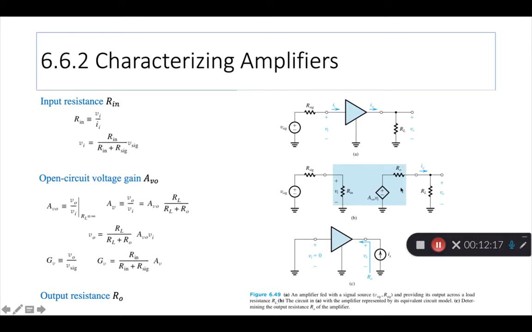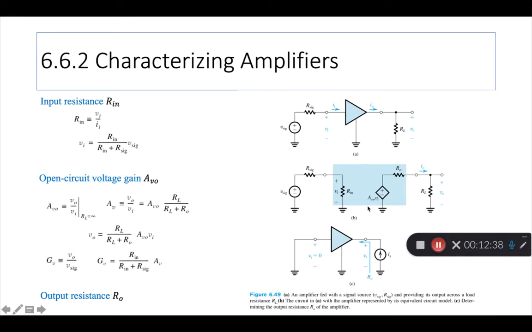In this case, it's a voltage source which takes a factor AVO and multiplies your input voltage by that, right, to generate a voltage here, which is then dropped across these two.